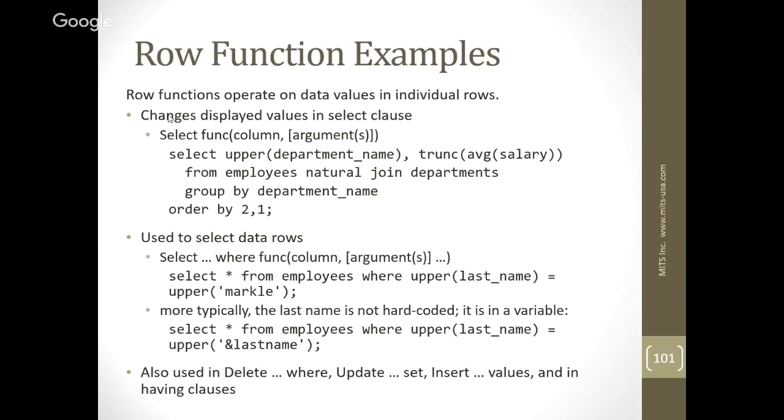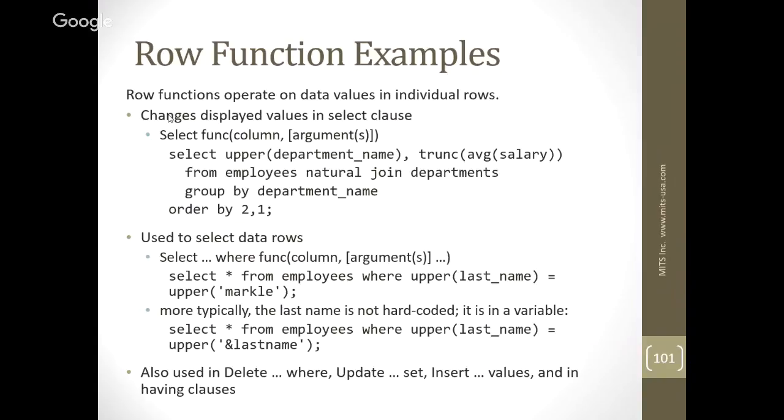All right, so an example of using a function: you've got upper, so we'll make the department name uppercase, and you have a nested function here. Somebody read off what trunc and average does. What is that doing with salary? Read it off very explicitly, mentioning the output of the average function.